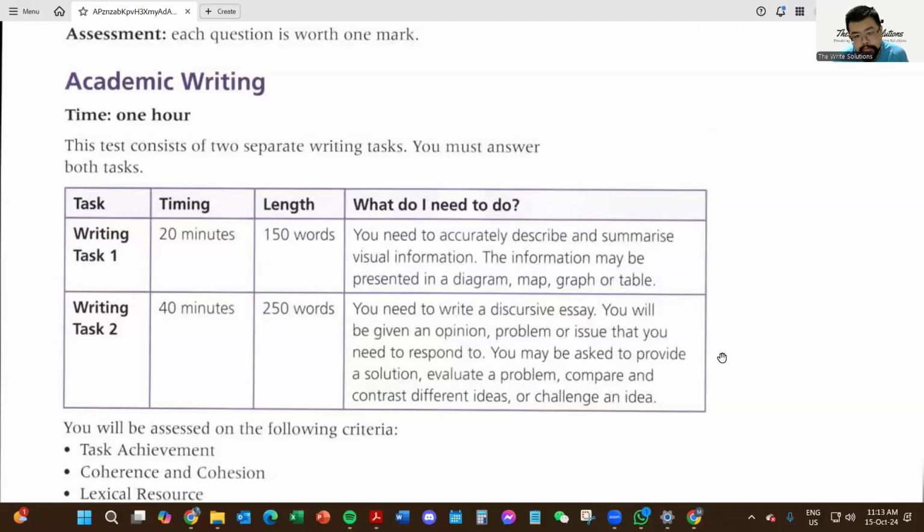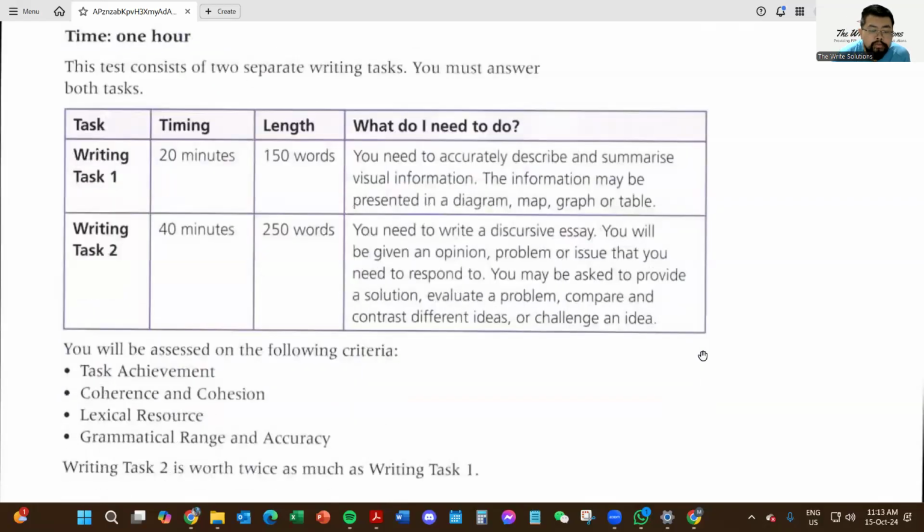Okay? You may be asked to provide a solution, evaluate a problem, compare and contrast different ideas, or challenge an idea. Okay? So you'll be assessed on the following criteria: task achievement, coherence and cohesion, lexical resource, grammar range and accuracy. Okay?